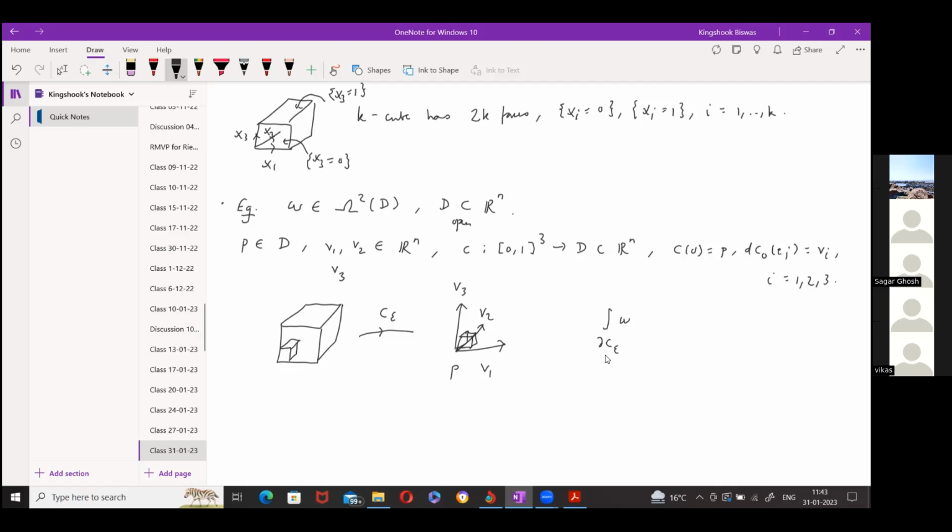So when I integrate omega over the boundary of C epsilon, a priori I would expect some quantity of order epsilon squared.